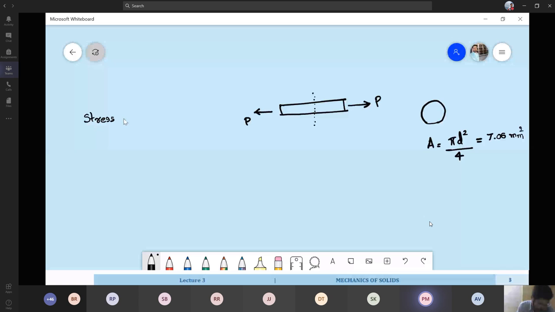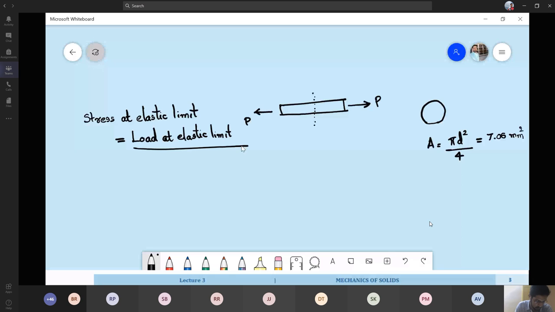Sir, 35.38 kilonewton per millimeter square.